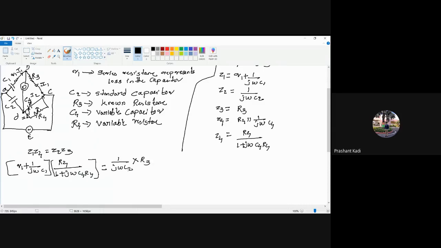So next is the simplification. What we have to find are the elements in the first arm, that is C1 and R1. So try to find these unknown quantities.